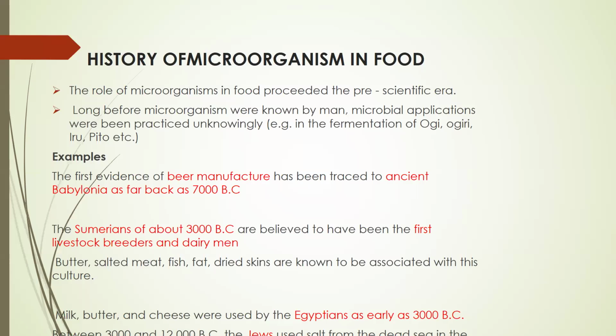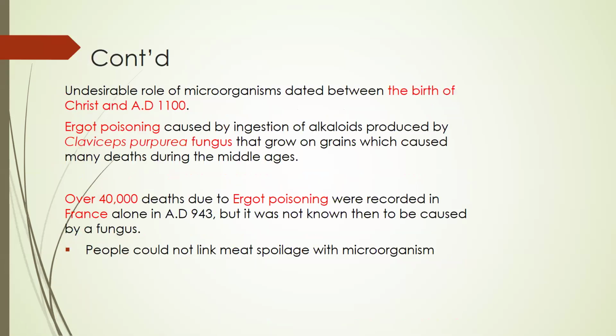So butter, salted meat, fish, fats, dry skins are all known to be associated with the culture of the Sumerians, even though at that time they were not aware of microorganisms. Milk, butter, and cheese were also produced by Egyptians as early as 3000 BC. That is on the beneficial role of microorganisms.